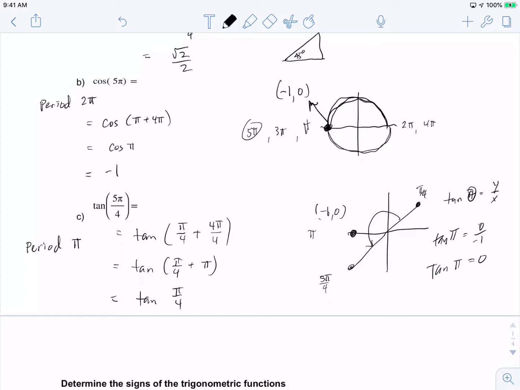Well, the value here is negative radical 2 over 2, comma negative radical 2 over 2. And tangent is dividing those. They're the same, and so we get the value of 1, right? Because it'd be negative radical 2 over 2 divided by negative radical 2 over 2. That equals 1. Okay.